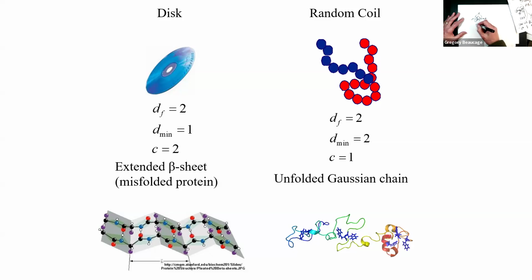What you'll see is that the chain itself wants to be a coil, but you're pulling it to oppose that. The force is opposing the coilness of it, right? So it'll remain a coil at some size scale, some screening size, and it'll straighten out on a larger size scale.